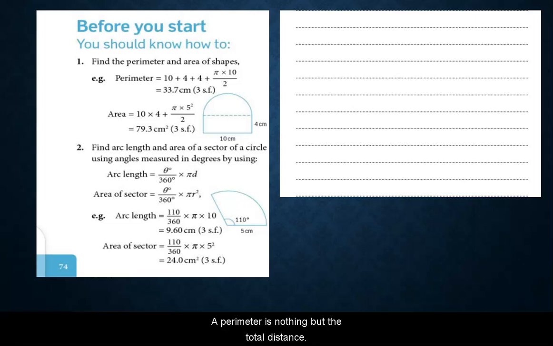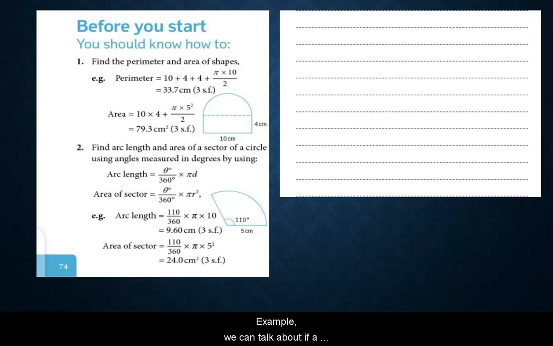A perimeter is nothing but the total distance around the outside of a 2D shape, like a rectangle, a square, a triangle, a circle, among others. Think of it as the length of the boundary or fence around the shape.